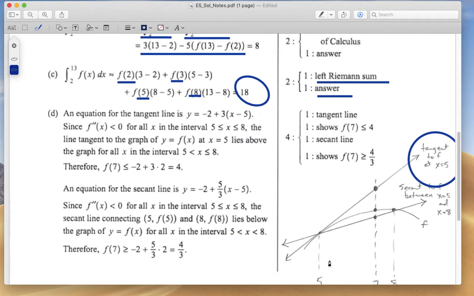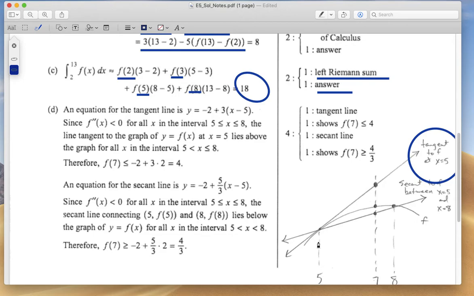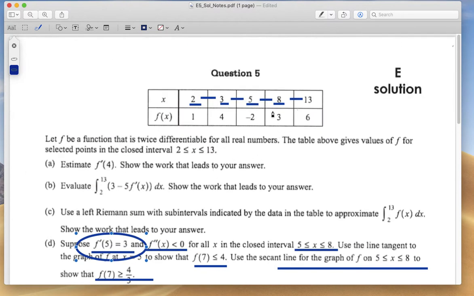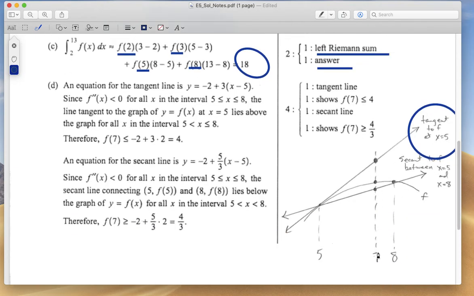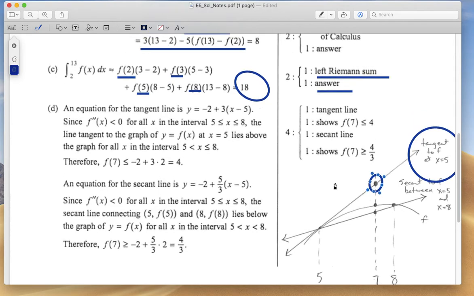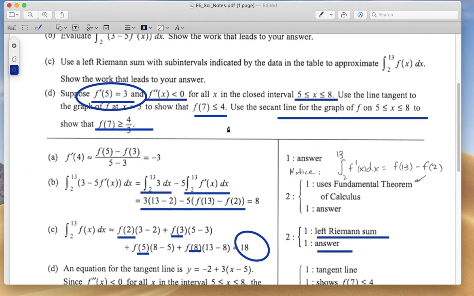Do I know this point? Sure, it's 5 comma f of 5, and I can get that off of the table. So I've got a point and a slope. I can find the equation of the tangent line. I can plug in 7 to find out this y value, and sure enough, it is 4.